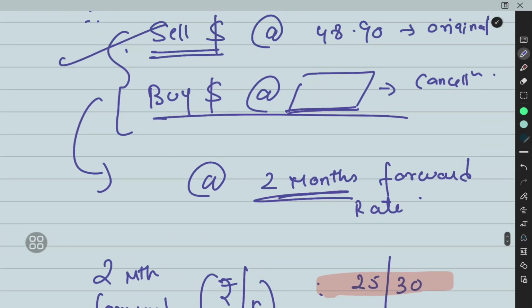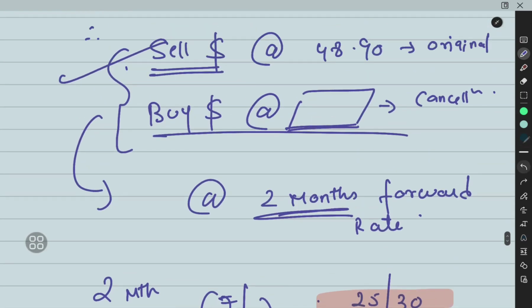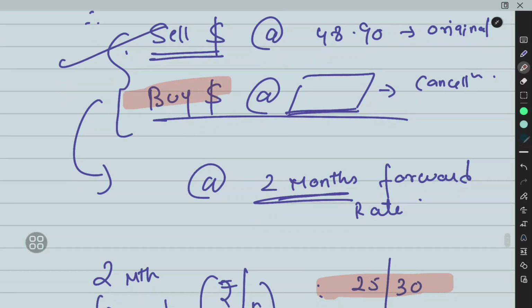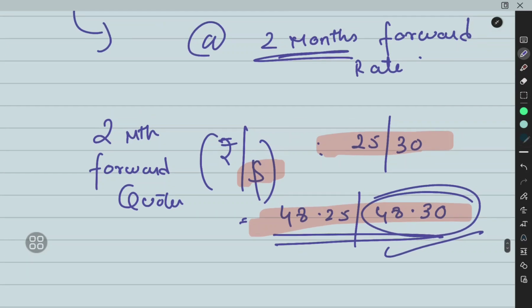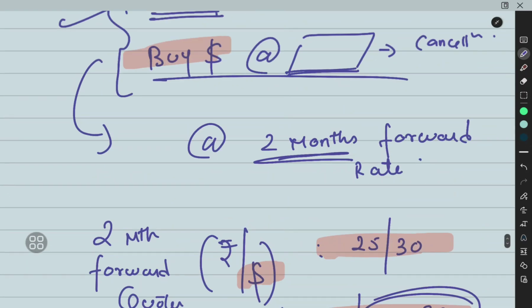I want to buy dollar, and it's a direct dollar quote because dollar is the standard currency here, and the customer will buy high. The customer is always at a loss. The customer will buy high, a direct dollar quote. So the rate here is 48.30.